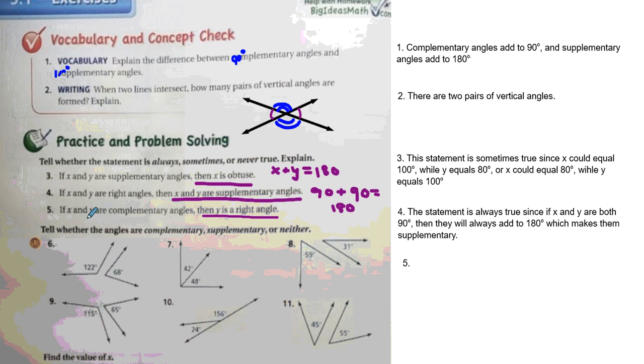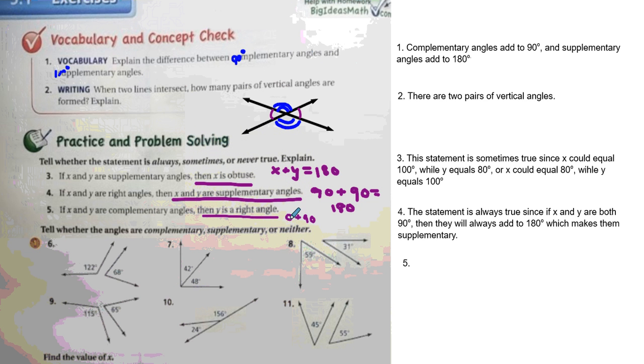Well, if you have x and y adding up to 90, so let's say x is 0, it would have to be 0 because we have to add to 90. They have to add together to give us 90 degrees because they're complementary. So is y a right angle if x and y are complementary?